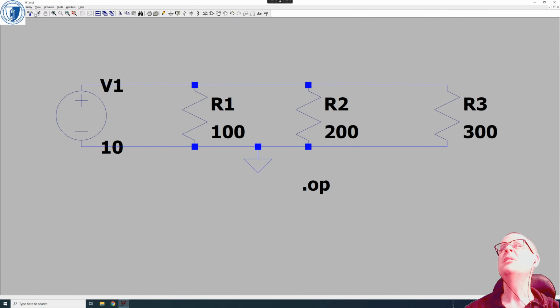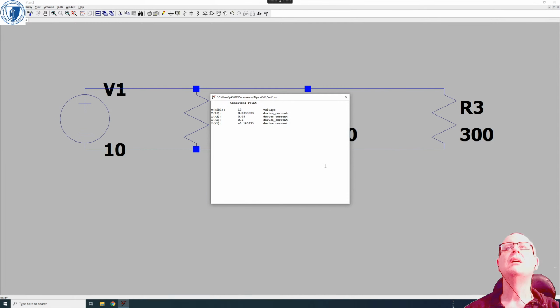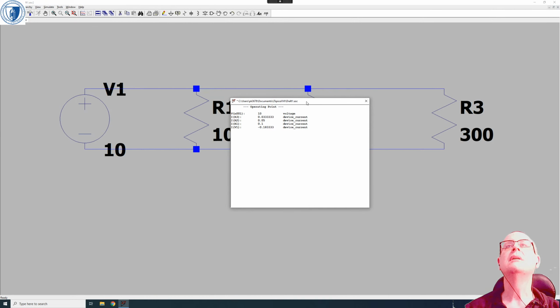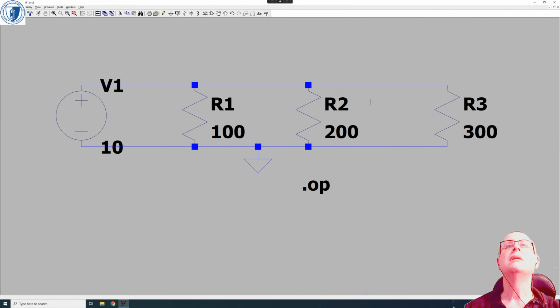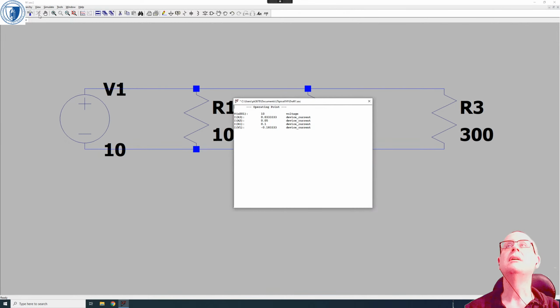Okay, let's see if that runs. It just popped up automatically because I used the .op command, by the looks of things. That's interesting. You see, that's popping up straight away without me having to do anything.